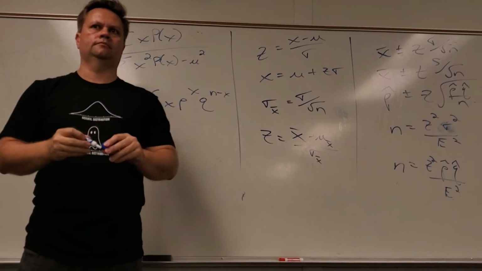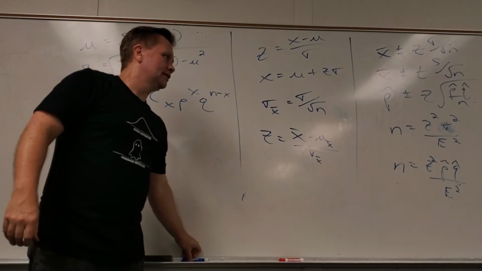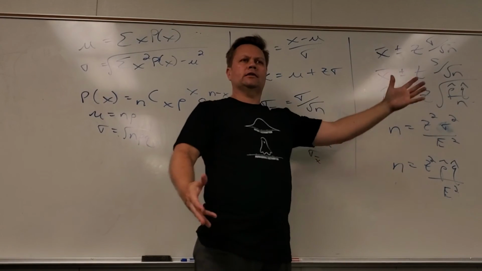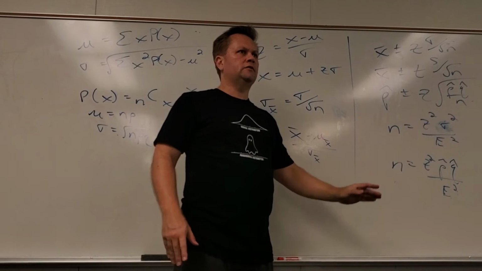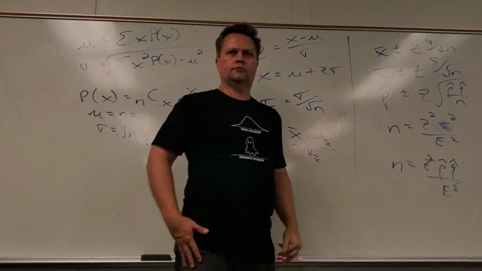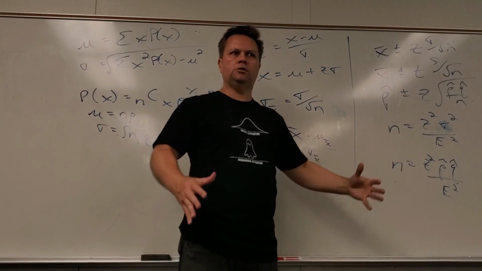So you only use these formulas if I ask for a confidence interval. If the problem doesn't say anything about a confidence interval, don't use these, because all these do is make confidence intervals. That's what they do.